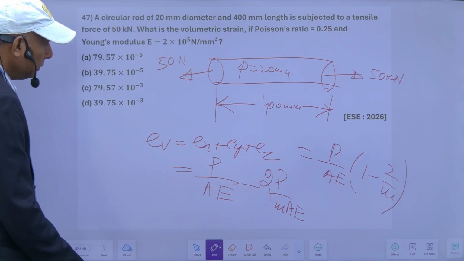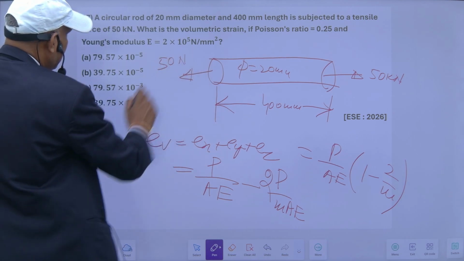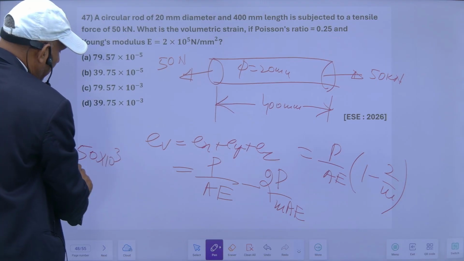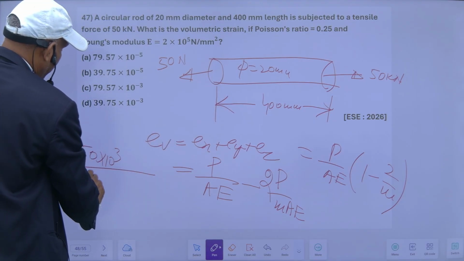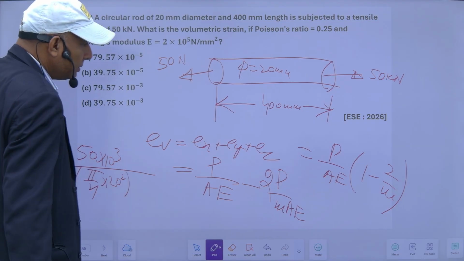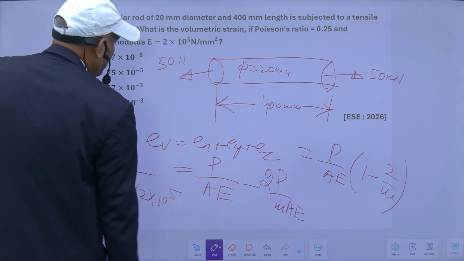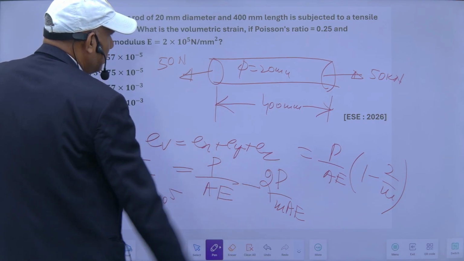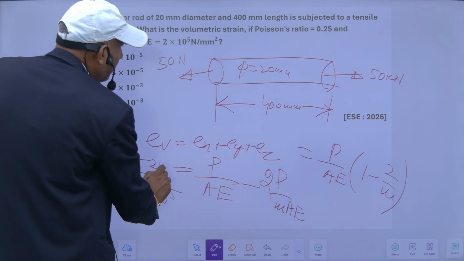So volumetric strain will be, load in this case is 50 kilonewton, this is in Newton, upon area of cross section, which is pi by 4 into d square, into Young modulus 2 into 10 raised to the power 5, into 1 minus 2, and M is 0.25.